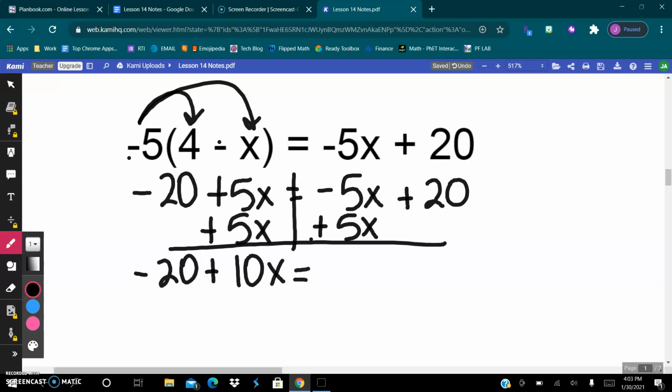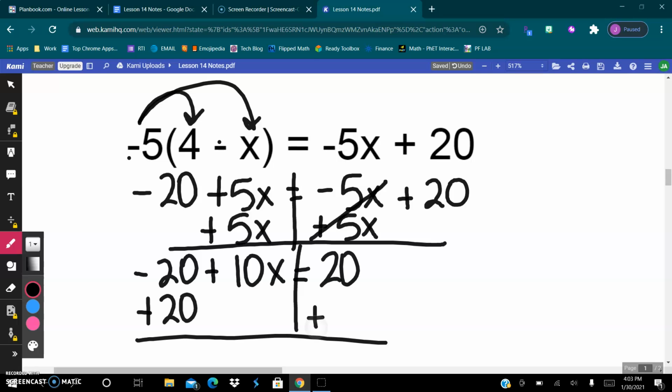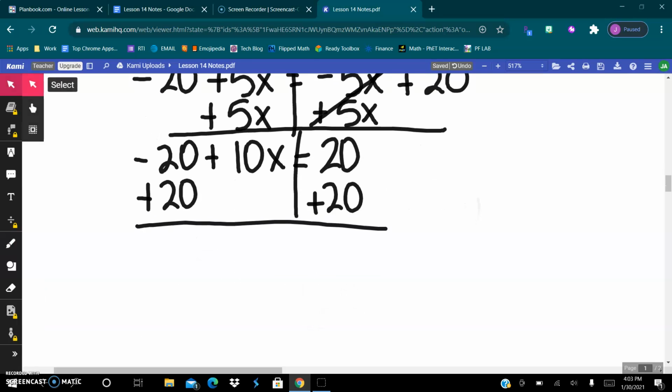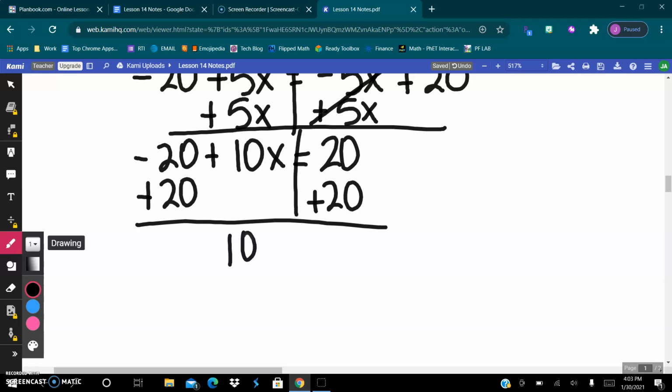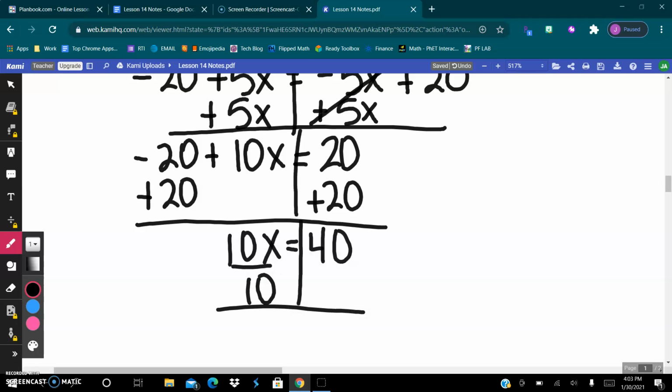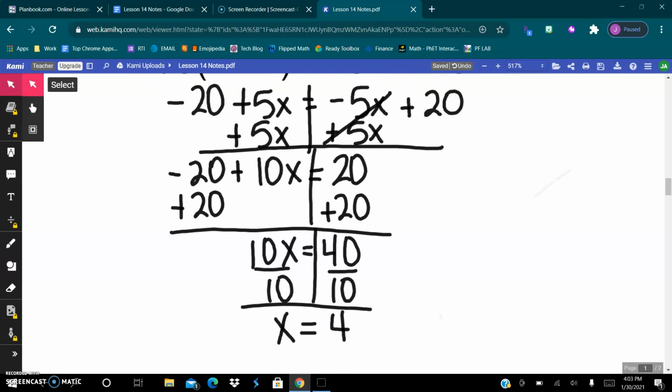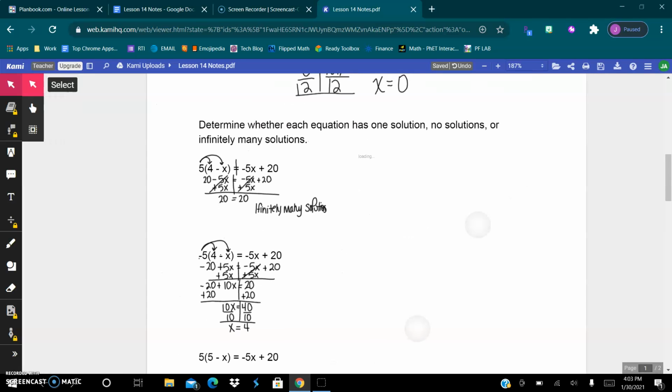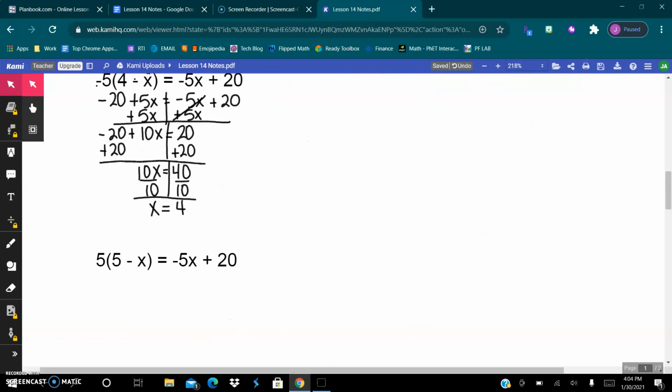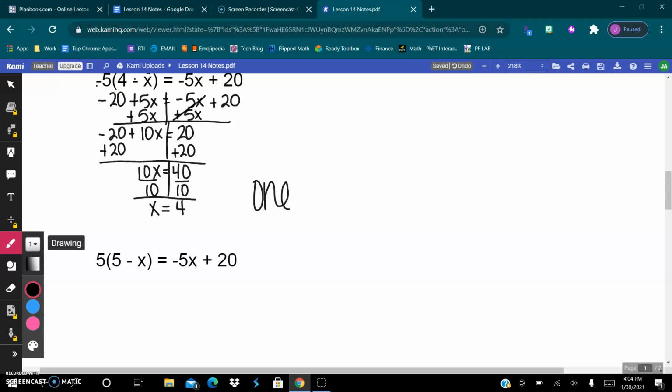Our equal sign comes down, the 5x's cancel, and we have 20. Then I'm going to add 20 to both sides. So I have 10x equals 40, and then I have to divide by 10. So x equals 4. So we have one solution here.